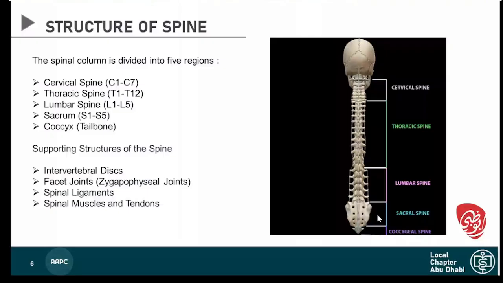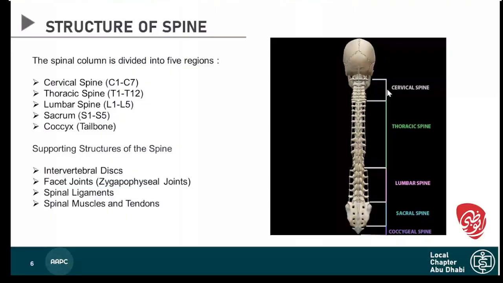So, what is the cervical spine? The cervical spine is the upper part of the vertebral column, or the first part of the vertebral column. It is made up of 7 vertebrae, C1 to C7.